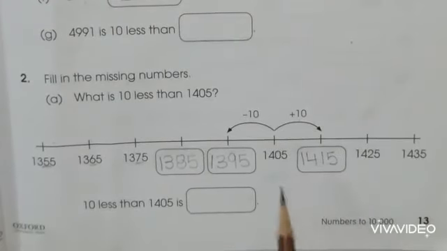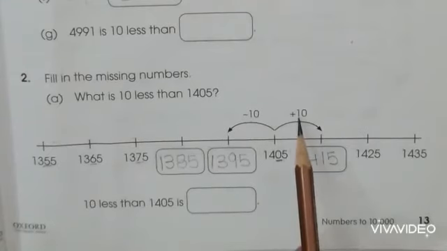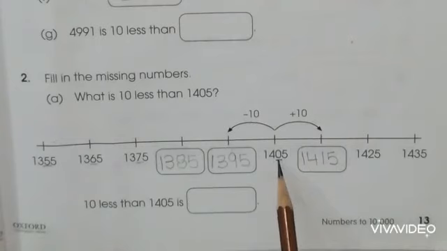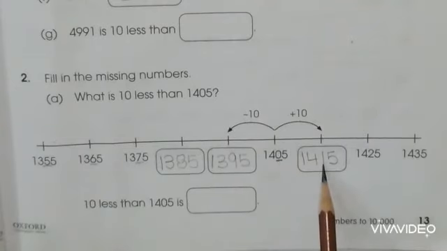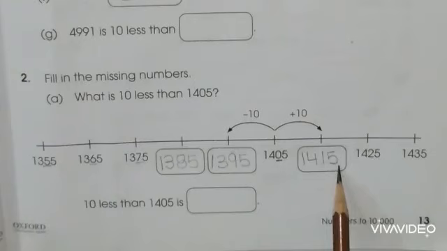1415. There is 0 in this number in the column of tens. When you add 1 to this 0, it will become 1 in the column of tens. So our next blank is 1415.